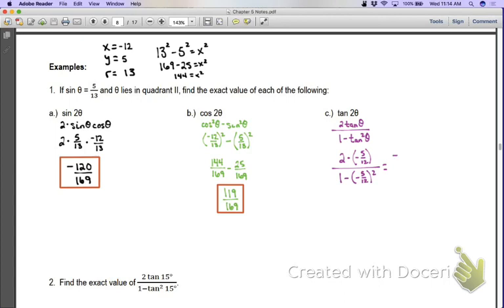So negative 10 over 12 over 1 minus 25 over 144.